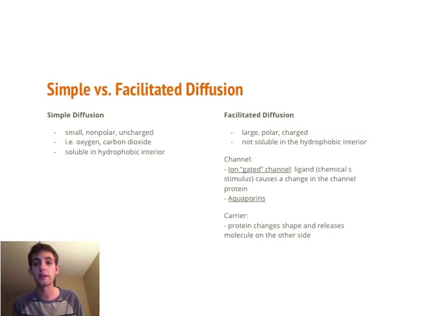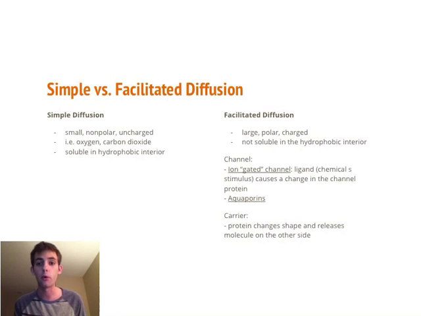One is what we know as an ion-gated channel, and this is a channel protein that is activated by a ligand, and the ligand is a chemical signal that attaches to the protein, and it causes that protein to change shape, moving a molecule across the plasma membrane. I'll show you a picture of that in just a second.